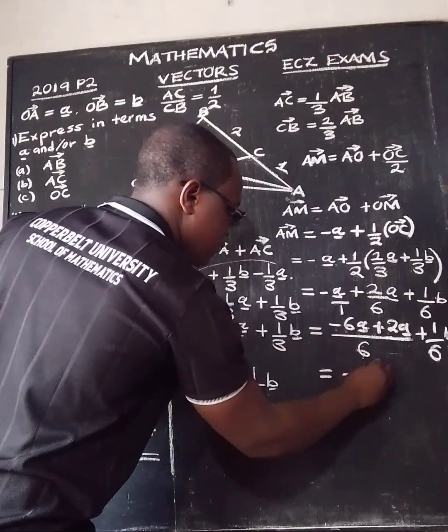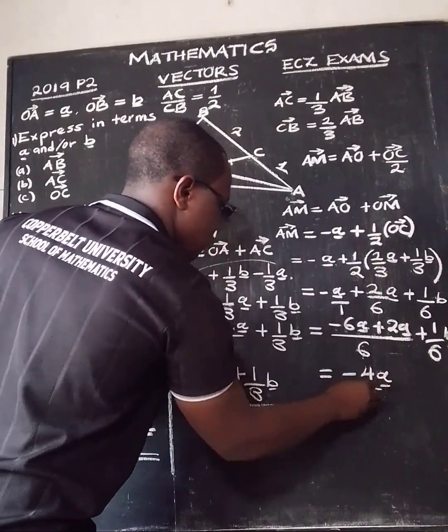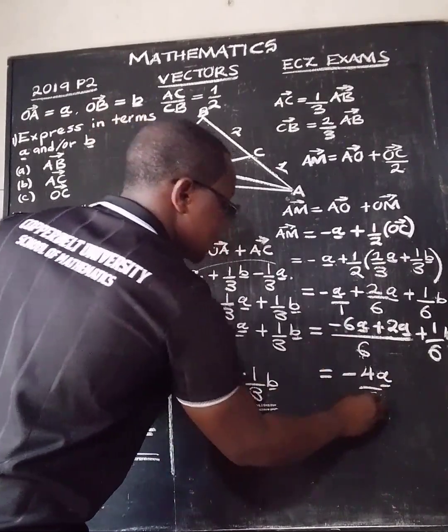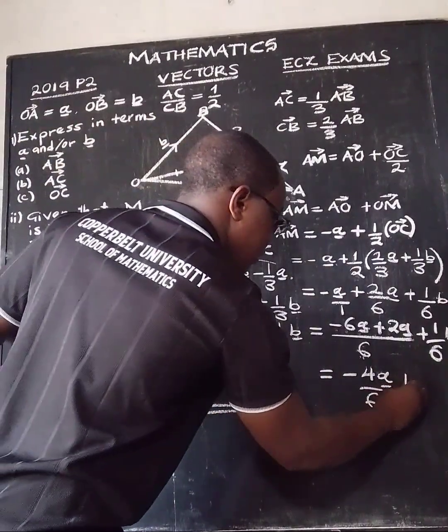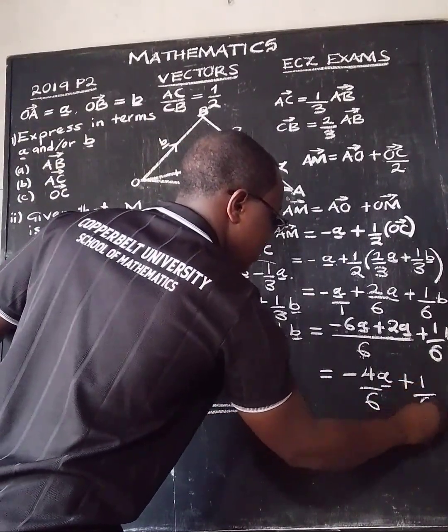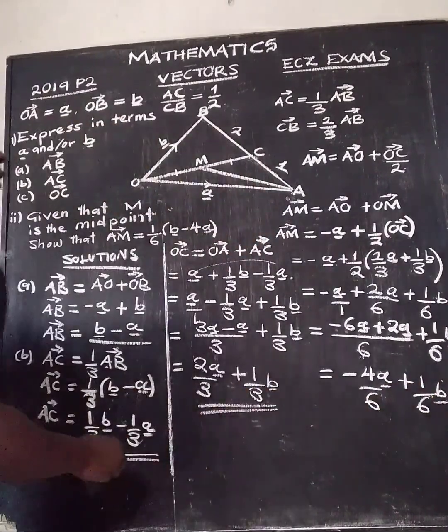Get negative 4 vector A over 6, then plus 1 over 6 vector B.